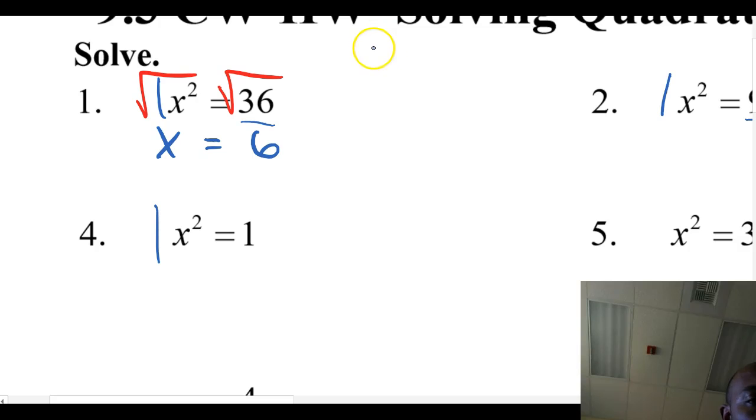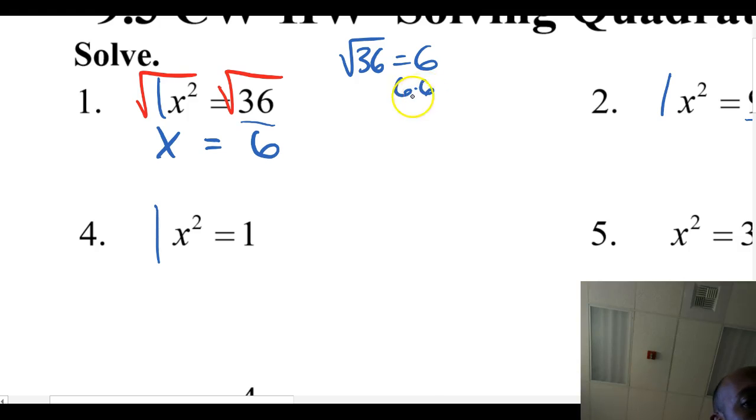But we have to remember that the square root of 36 is 6 because 6 times 6 is 36. But I could also multiply negative 6 times negative 6, and that also gives me 36, because a negative times a negative equals a positive. So that means I have two possibilities, two solutions.